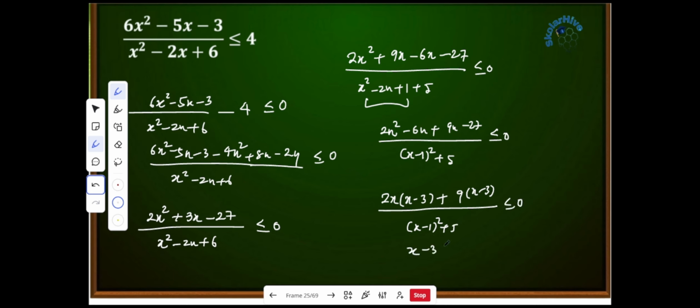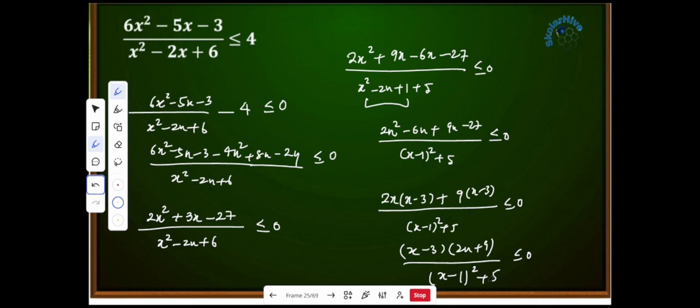So the numerator will be (x − 3)(2x + 9), divided by (x − 1)² + 5, ≤ 0. Now in the numerator we got linear factors, both having a positive coefficient of x, and in the denominator we have (x − 1)² + 5.